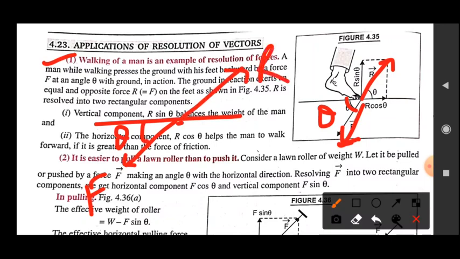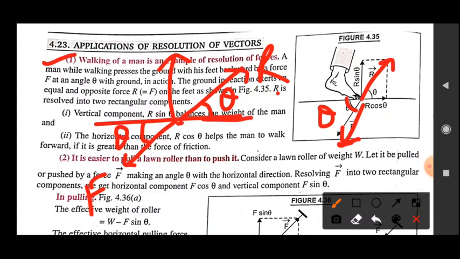As this angle is theta, by geometry this angle will also be theta. Now we can resolve R into two components, the vertical component and the horizontal component.